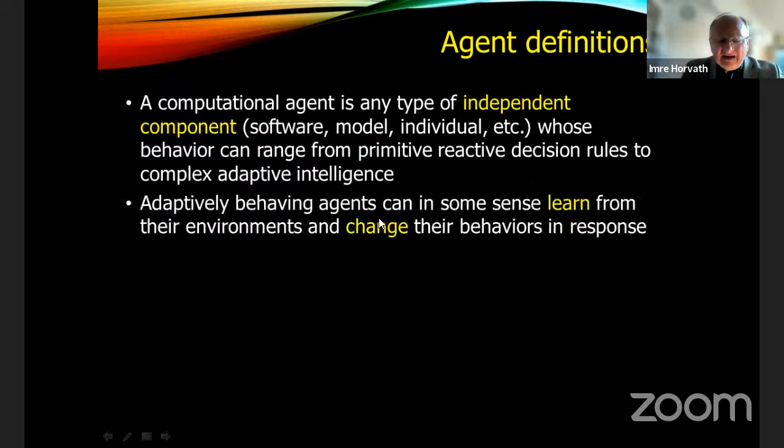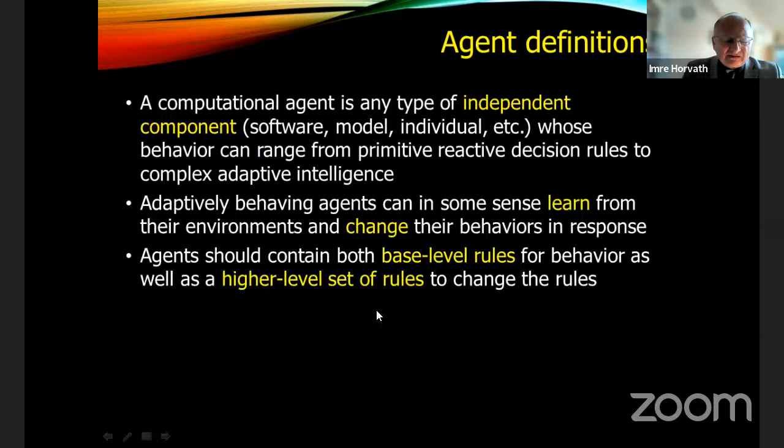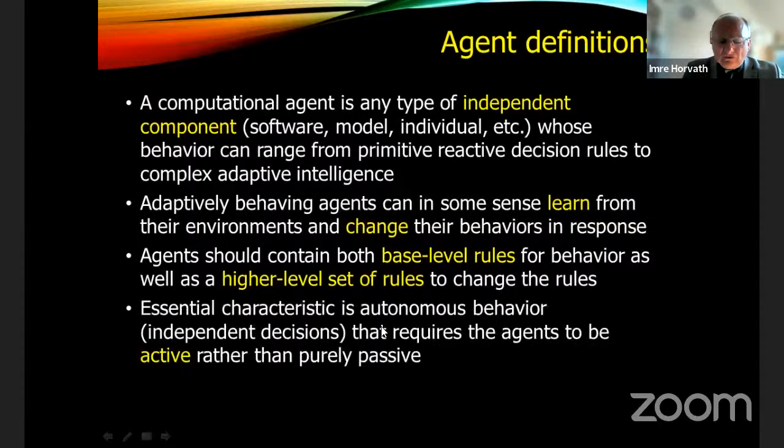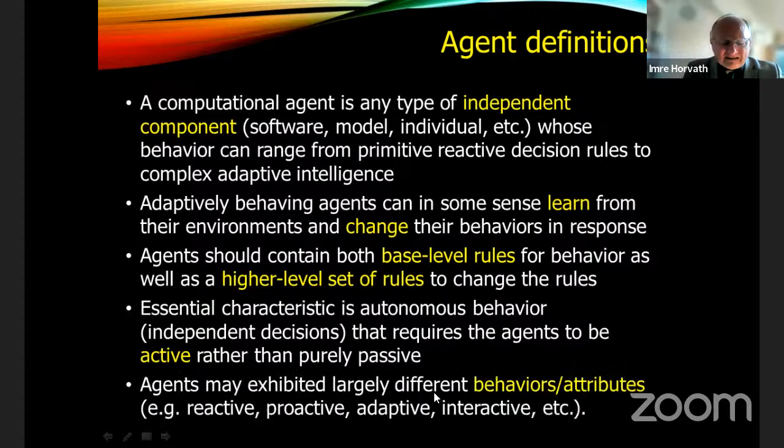Adaptively behaving agents can in some sense learn from their environment and change their behavior in response. Agents should contain both base-level rules for behavior as well as a high-level set of rules to change the rules. Essential characteristic is autonomous behavior, independent decision-making, and working according to that. That requires the agent to be active rather than purely passive.